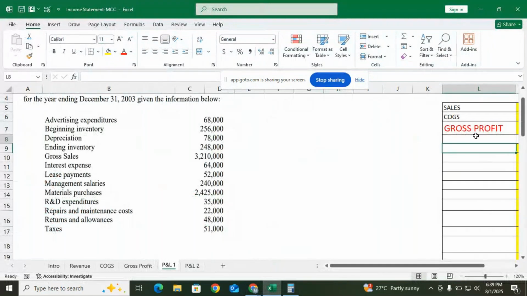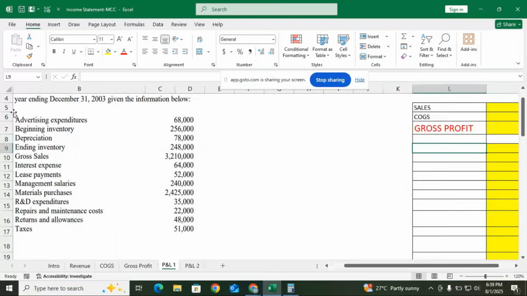So let's start with the operating expenses here. Okay, so which is the first one? Here we have advertising expenditure. So we have around 68,000.